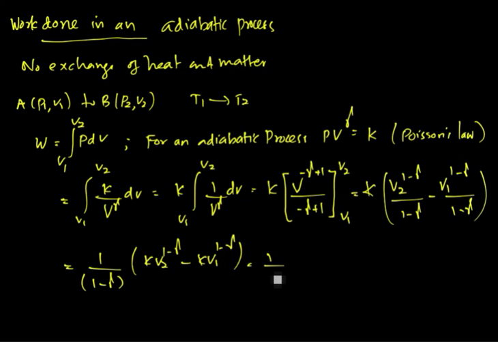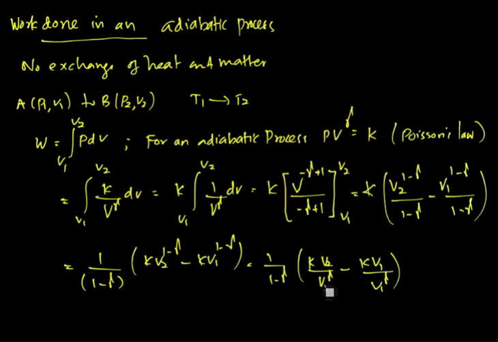Multiplying and dividing the first term by V2, I can write the first term as K into V2 divided by V2 raised to gamma, minus K into V1 divided by V1 raised to gamma.